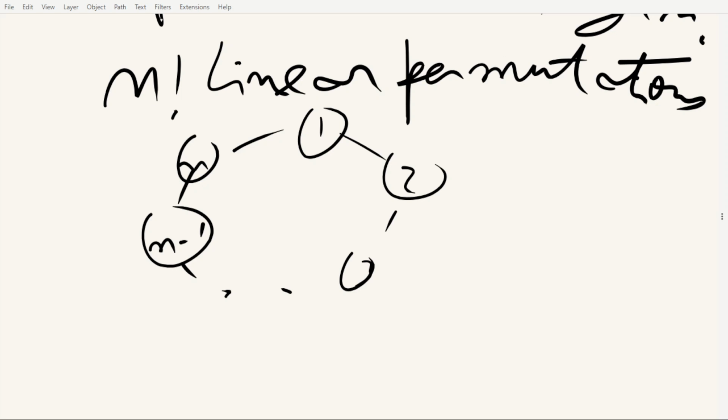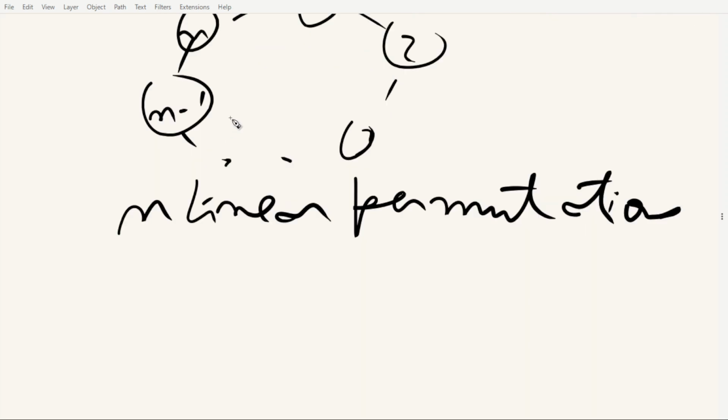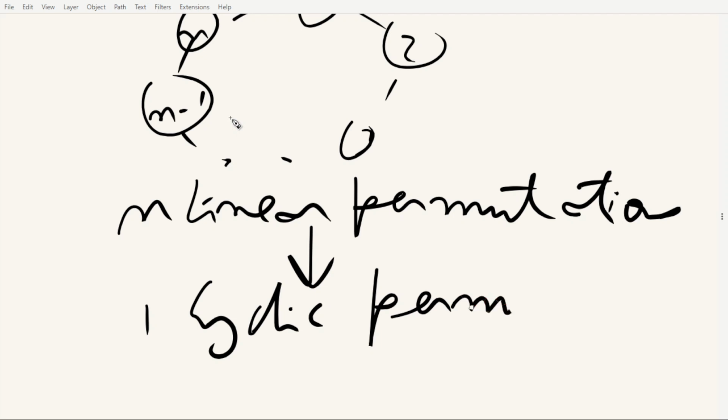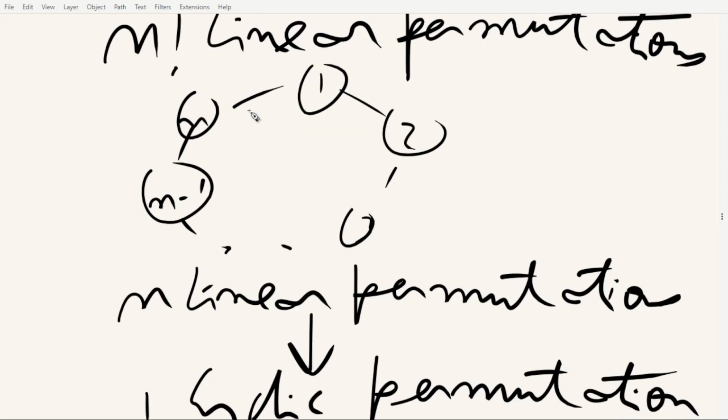We can easily observe that n linear permutations map to a single cyclic permutation. How can we easily see this? The first linear permutation starts from 1, 2, 3 and so on up to n and back to 1.